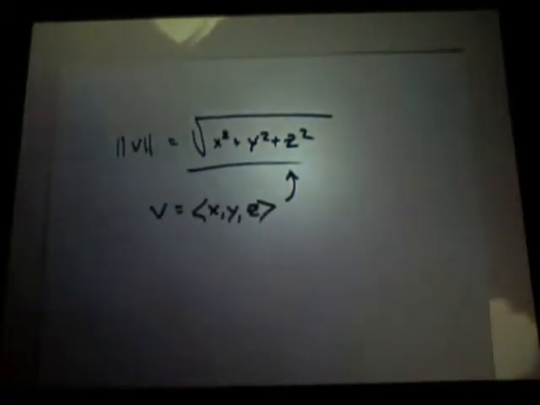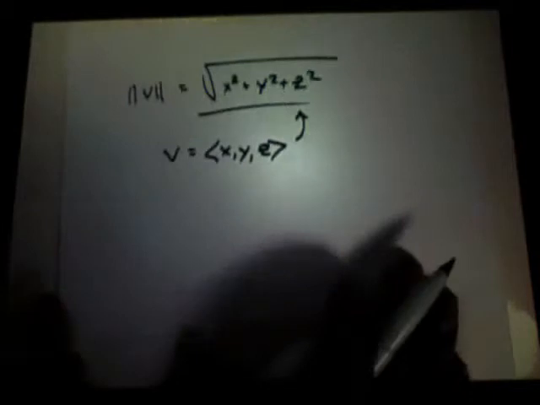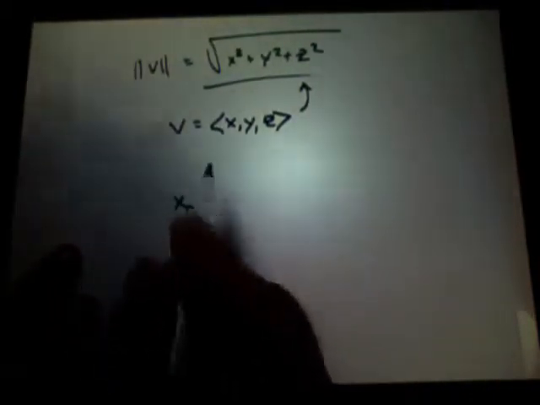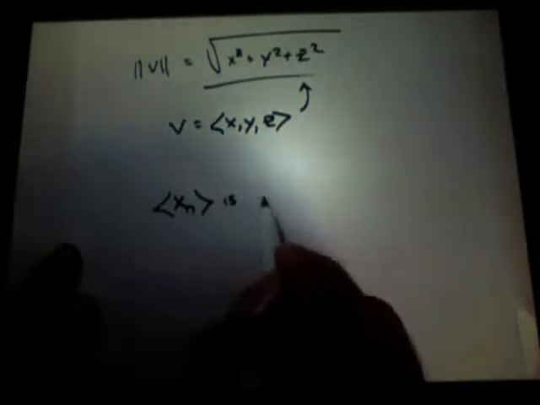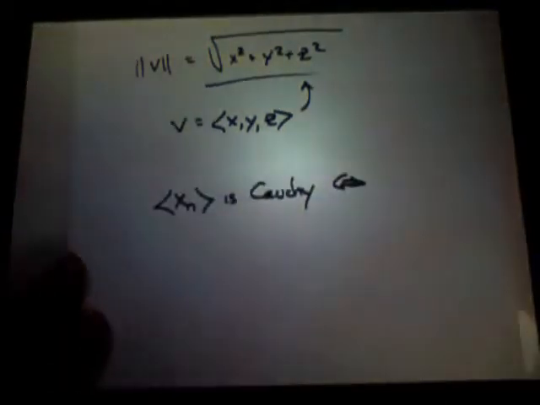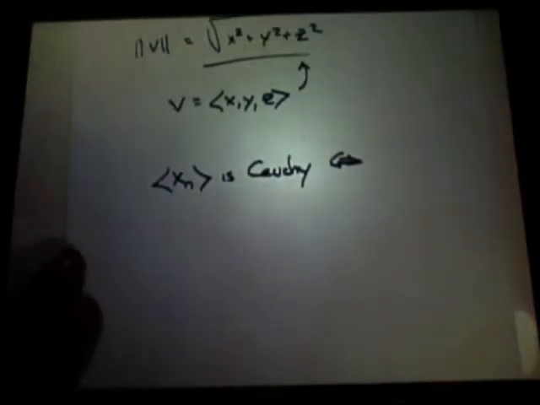All right. In analysis, did you study what the Cauchy criterion is for convergence? A sequence is Cauchy if what? Beyond a certain point, the elements, their difference is going to be less than some small number. Okay, let's try to frame that more precisely.